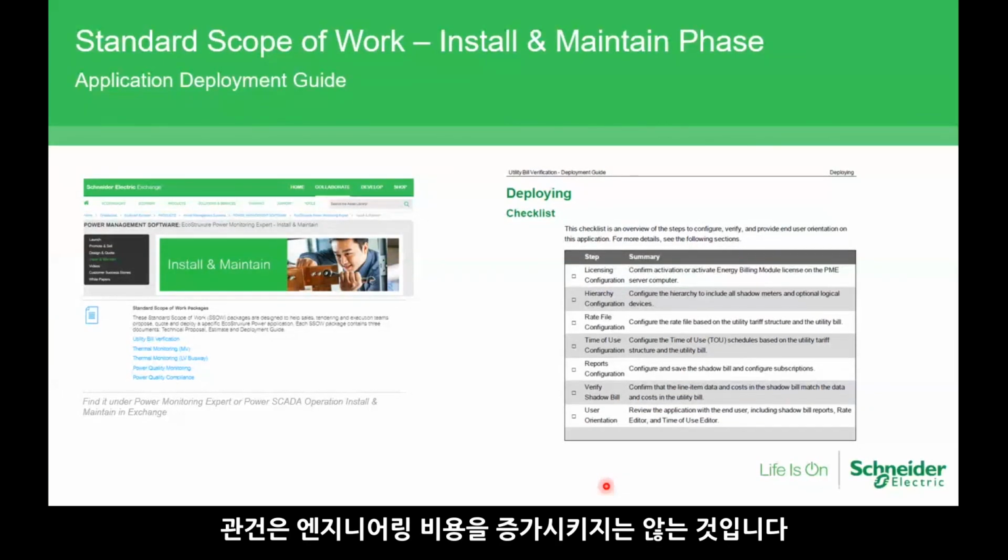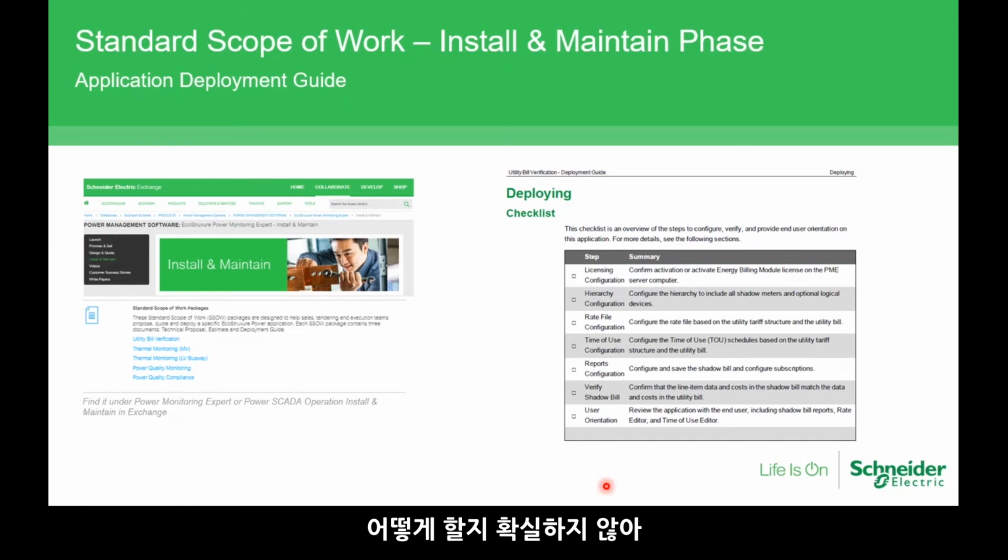The whole idea is not to increase your engineering cost because of uncertainty in the proposal, because you're not sure how to do it. So if Schneider is able to document all these things and give you engineering and commissioning time estimates, roughly this will be the amount of time required to deploy these applications. So it will not be too much difference.